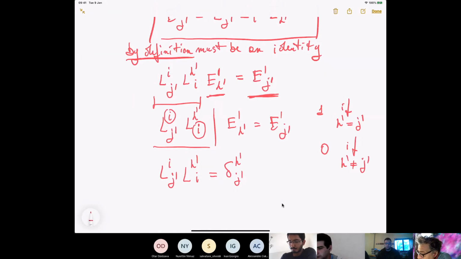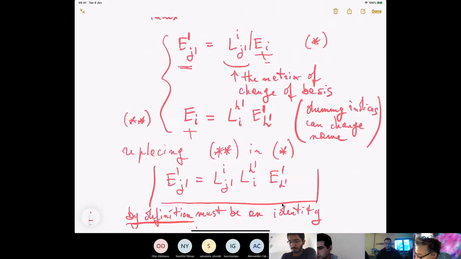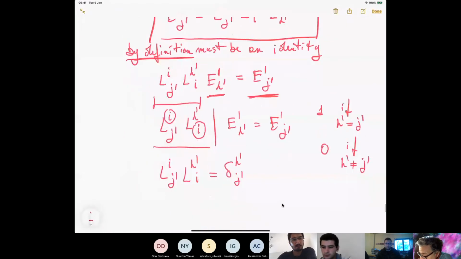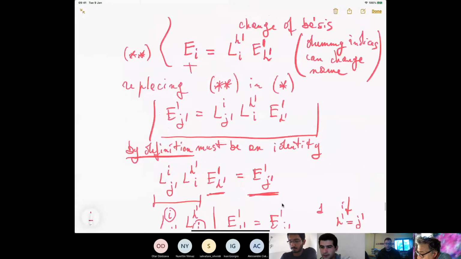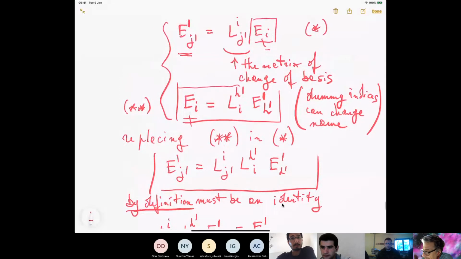So the matrix transforming E_i into E'_{j'} is the inverse, because this is the definition of inverse matrix. It is the inverse of the matrix transforming E' into E_i, into E.